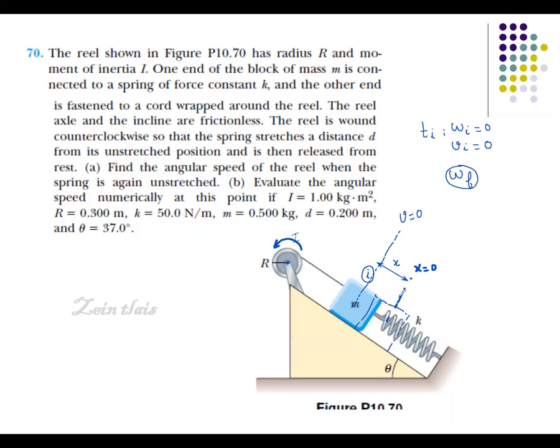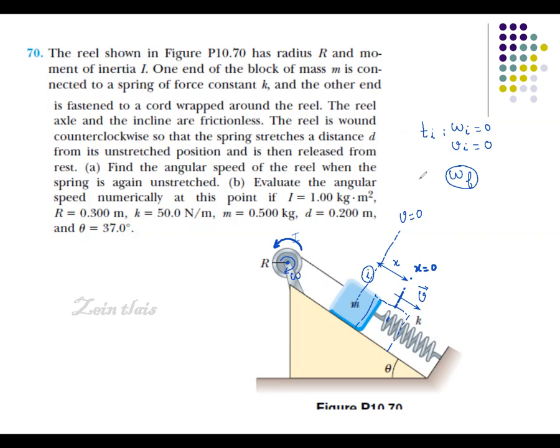At this position, the block has a velocity v, and here we have omega.